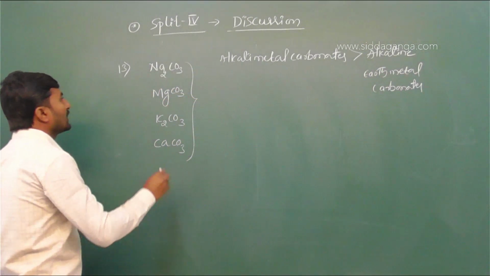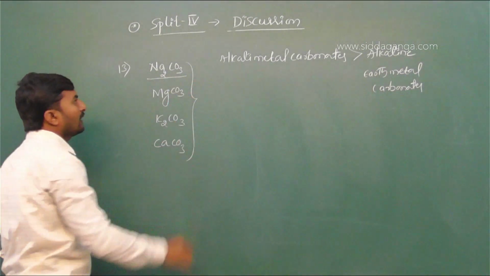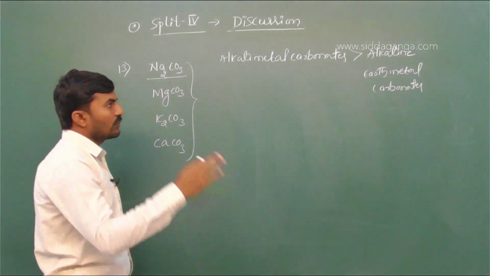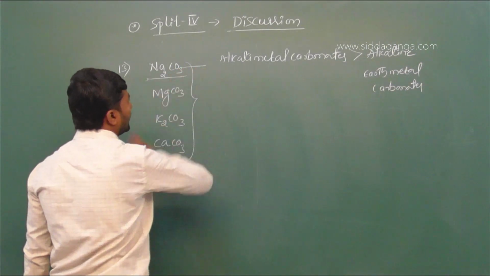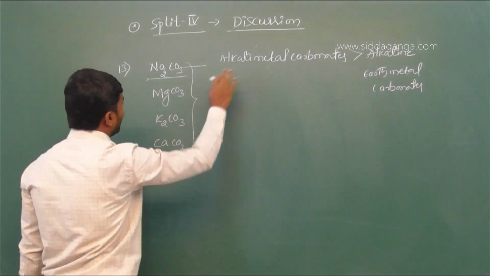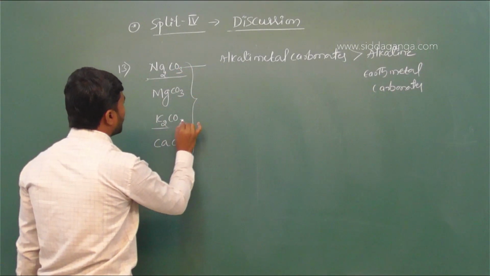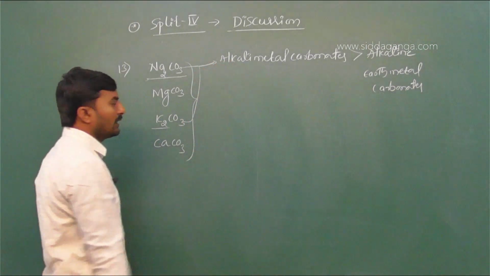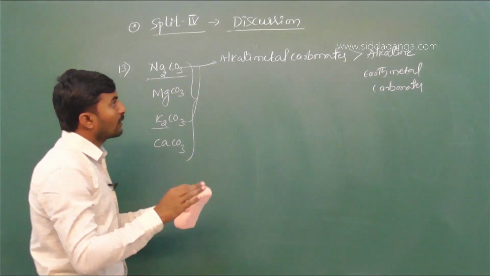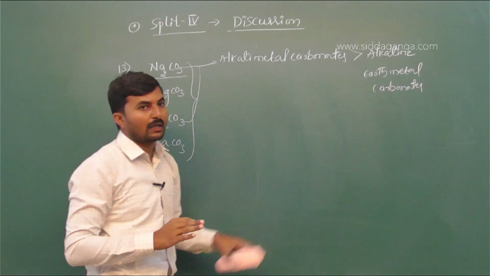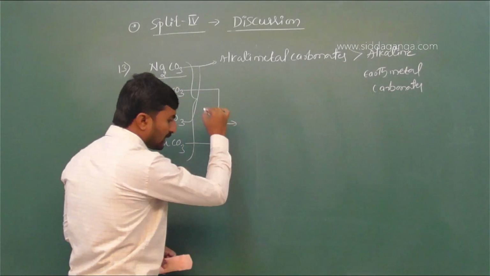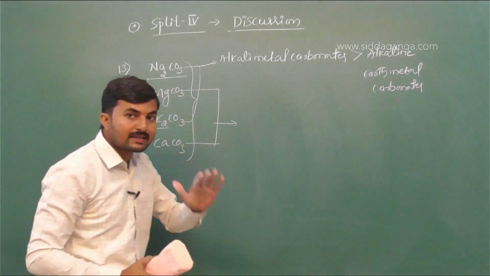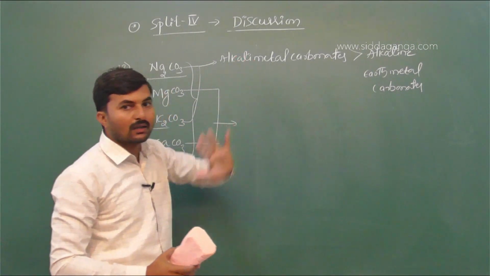First, we have to differentiate which one is an alkali metal carbonate and which one is an alkaline earth metal carbonate. Here Na2CO3 is an alkali metal carbonate, followed by potassium. These two are alkali metal carbonates, which are more stable than alkaline earth metal carbonates. Magnesium and calcium are alkaline earth metals, which are less stable than alkali metal carbonates.